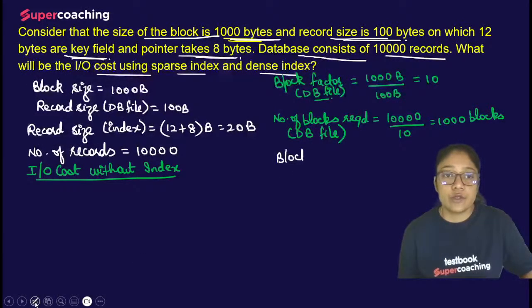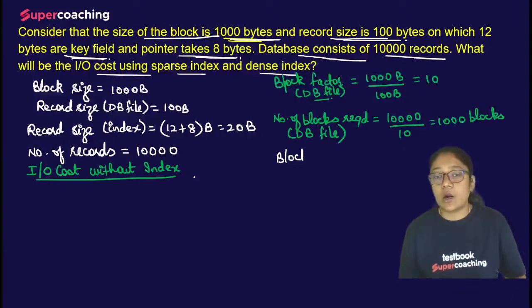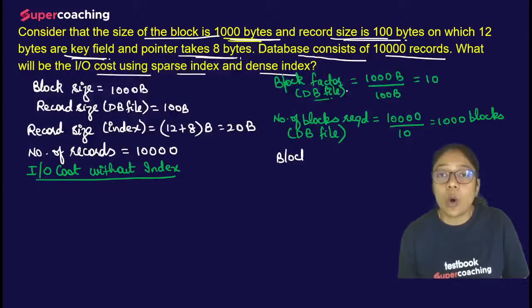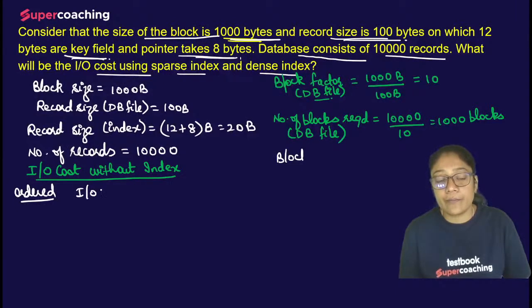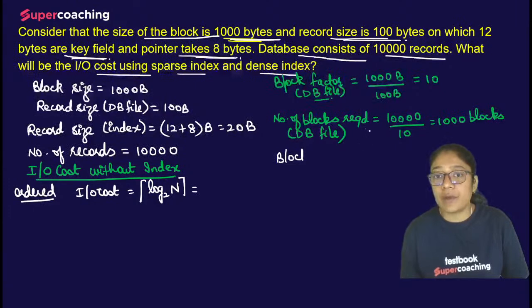Okay. First of all, without index, let's find out the IO cost. If the file is ordered, if the records are sorted, we know that the IO cost is log base 2 n. Just substitute the value of n here.